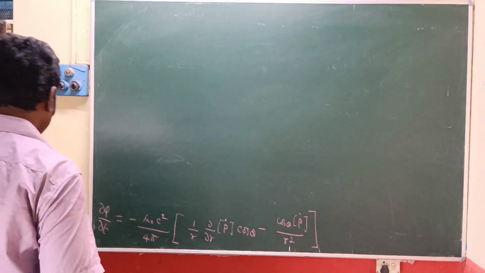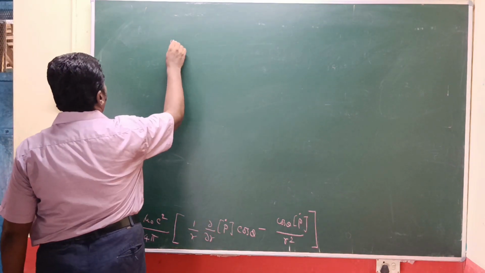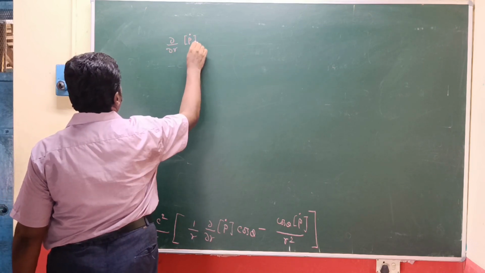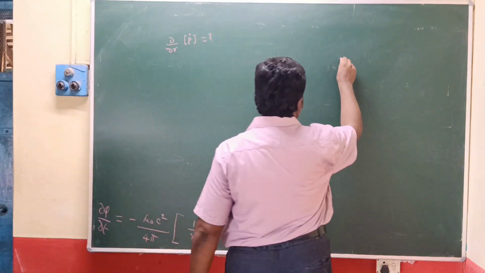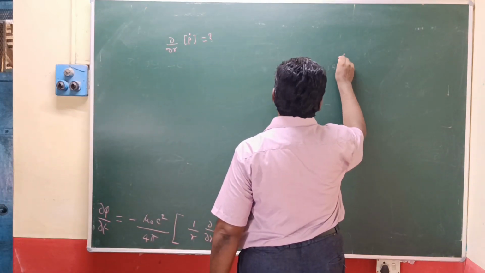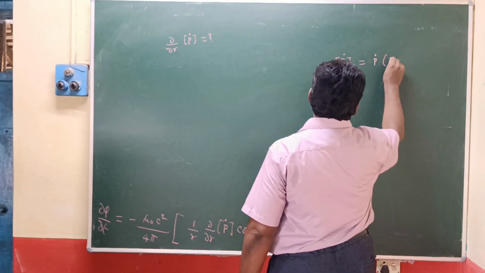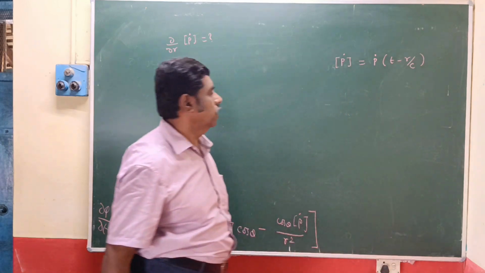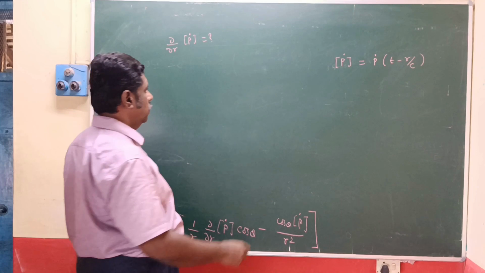In the ∂φ/∂t, we have to find the value of ∂/∂r of [p dot] inside the square bracket. Now, [p dot] inside the square bracket is equal to p dot of (t − r/c). This is the value of [p dot] inside the square bracket.